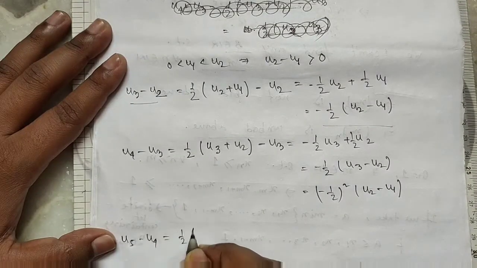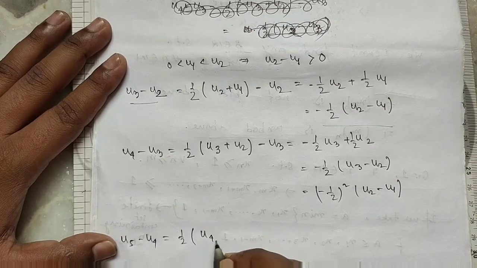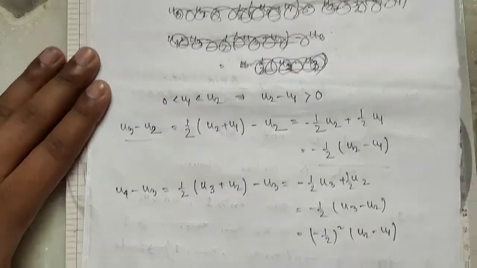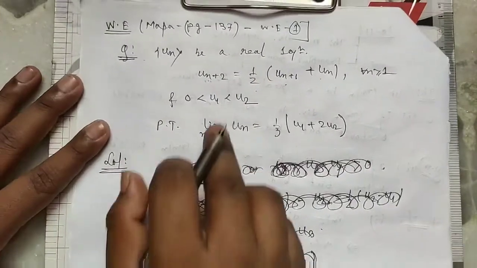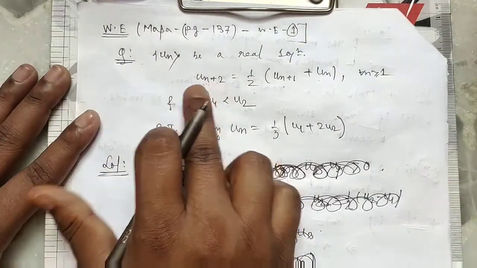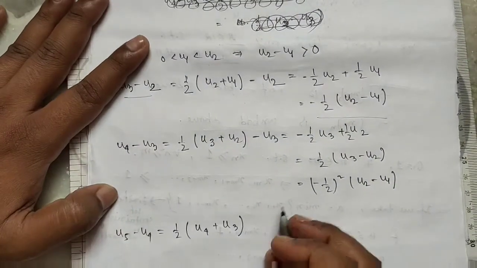Again we find u5 minus u4. This is equal to half of (u4 plus u3) minus u4, if we put n equal to 3 here.